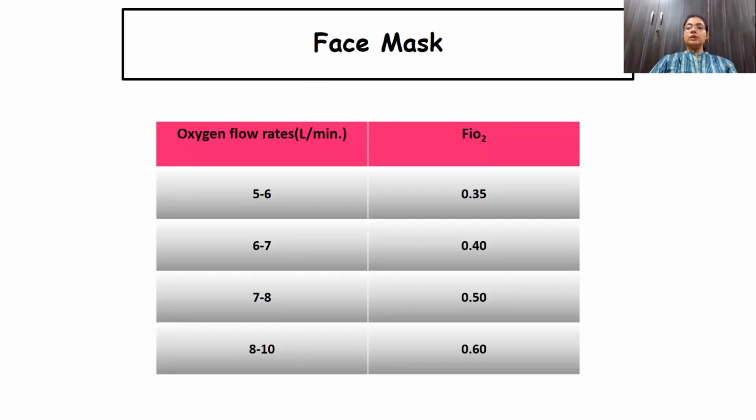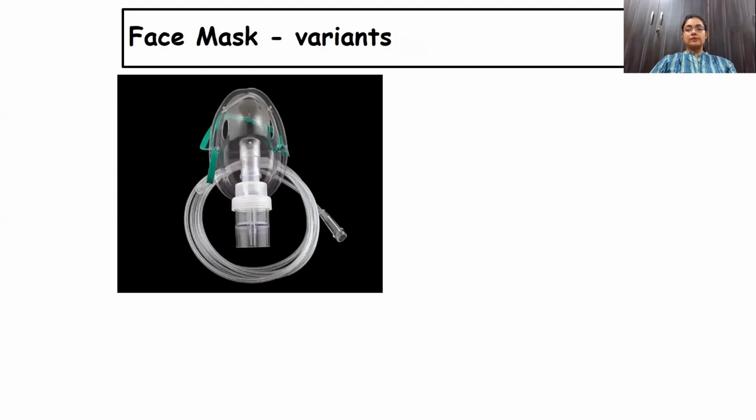And as you increase the flow by 1 liter per minute with this device, the FiO2 improves by 0.05. And the maximum flow that you can use with the face mask is 10 liters per minute, where the FiO2 delivered would be around 0.6.